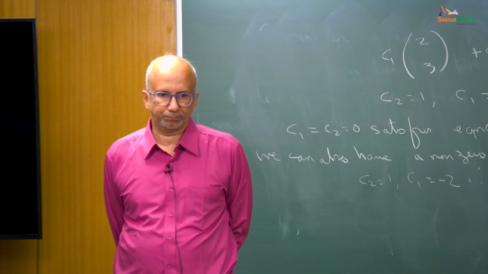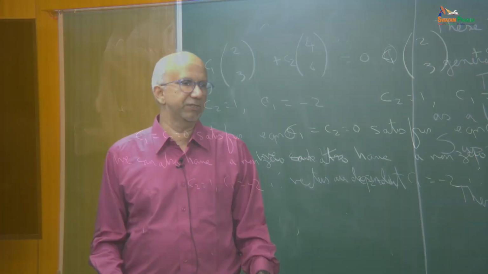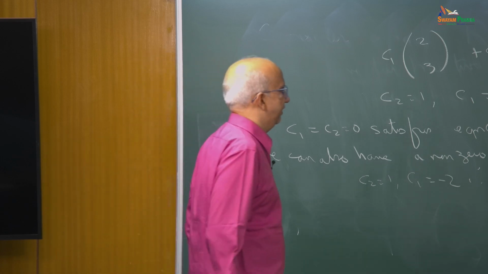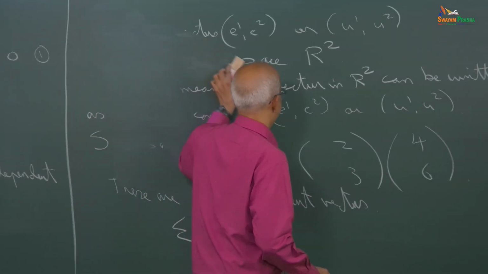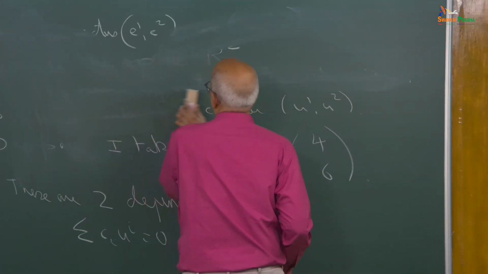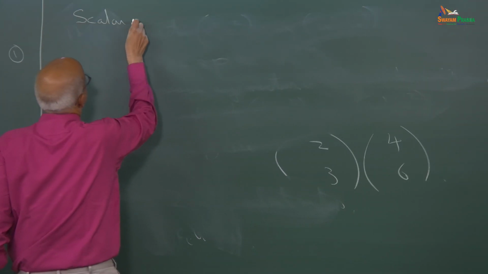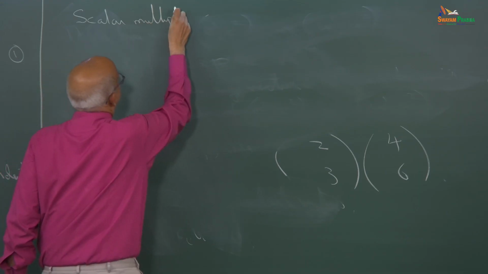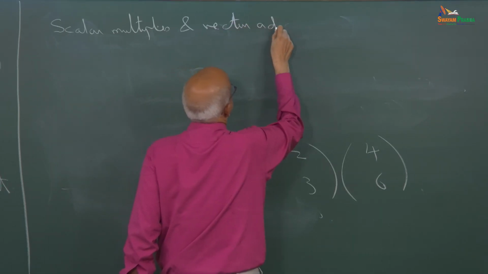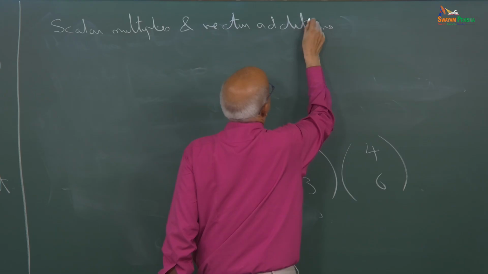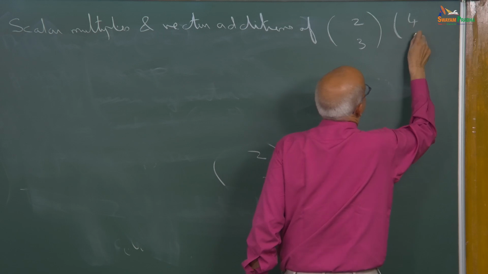Now, suppose you take scalar multiples and vector additions of these two vectors, (2, 3) and (4, 6).